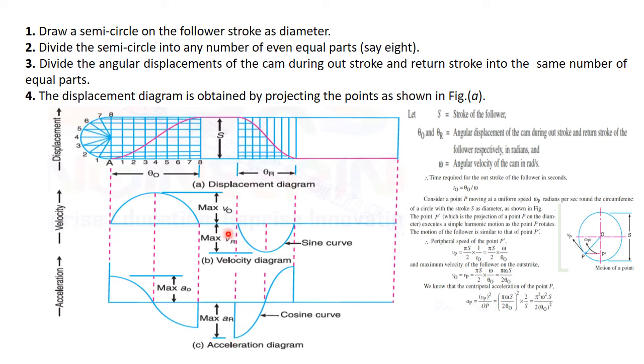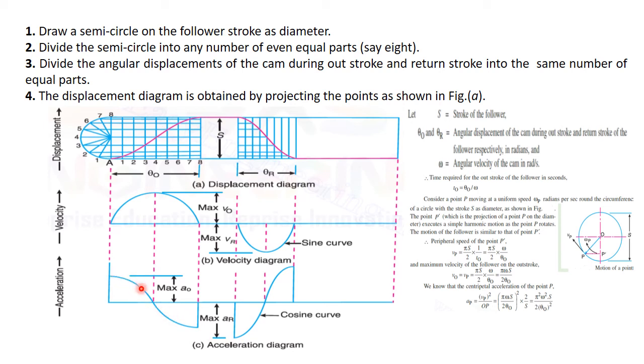During the dwell time, acceleration will be 0, and after that the follower is in the resting position. Therefore for a short time the acceleration will be maximum, the direction will be negative, and at the mid of this, velocity is maximum but acceleration is 0. Here velocity is 0 for a short time but acceleration will be maximum.